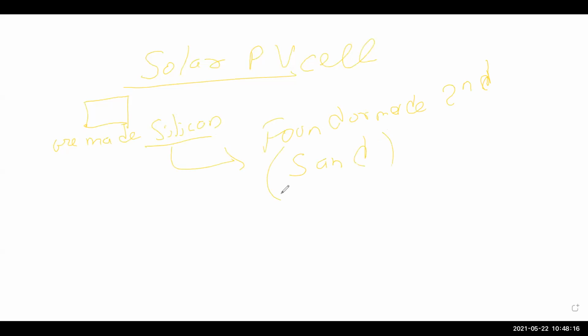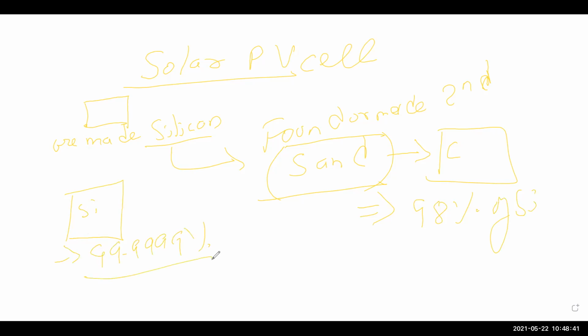Sand has silicon oxide, which is processed with carbon to produce 98% silicon. But this silicon should be in the purest form, around 99.9999%.